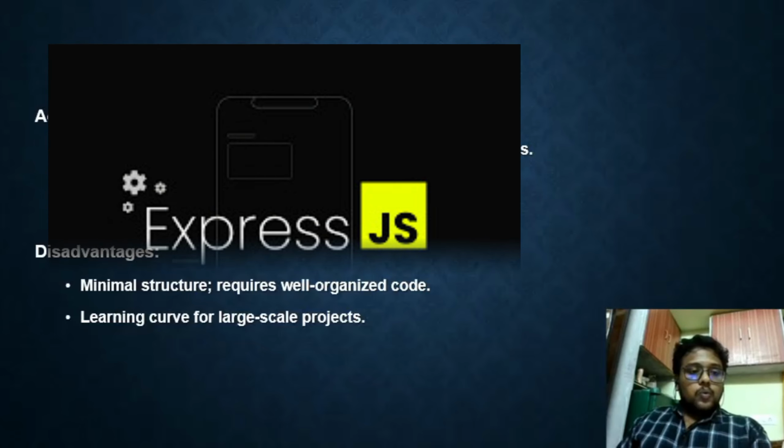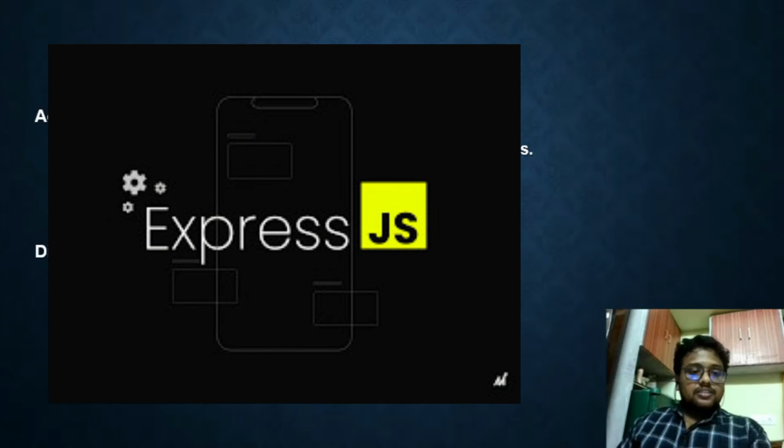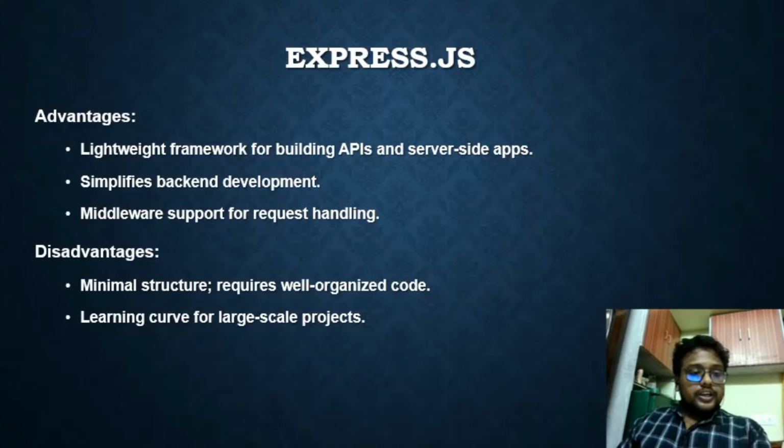Now we have Express.js, which acts as the brain of your backend. It helps you to create APIs and manage the logic behind your applications. For example, if you want to fetch data from the database or process a user login request, Express.js handles all of them. It's lightweight, which means it's faster and does not use up unnecessary resources.